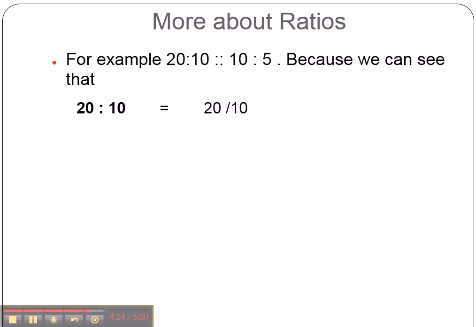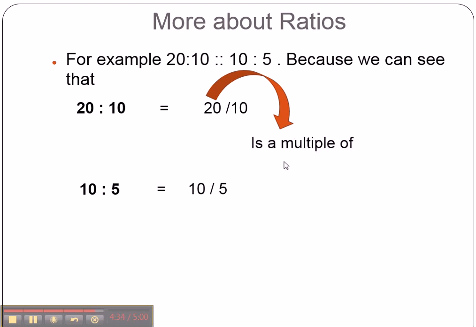We can write 20 is to 10 as 20 by 10, and 10 is to 5 as 10 by 5. Now what we can see here is that 20 by 10 is a multiple of 10 by 5. If we multiply both numerator and denominator of 10 by 5 by 2, we will get 20 by 10. It means 20 by 10 is a multiple of 10 by 5.